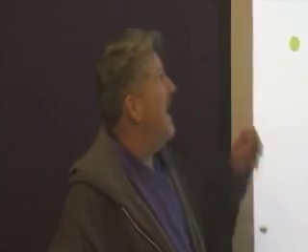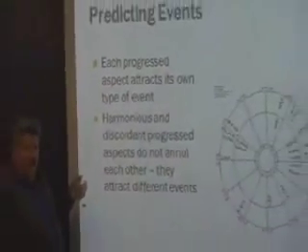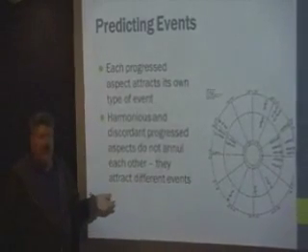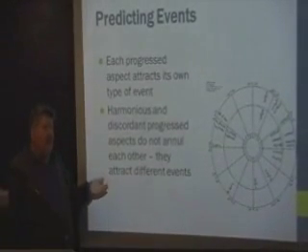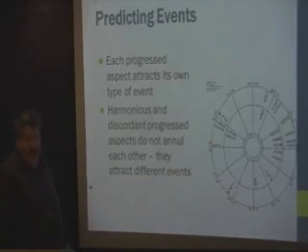So, the other thing you need to know in progressions is that every aspect has its own event. At any given period in our lives, we have all sorts of aspects going on. This is why you could get a job raise one day and the boyfriend leaves the next, because there are different things going on all the time in the chart.